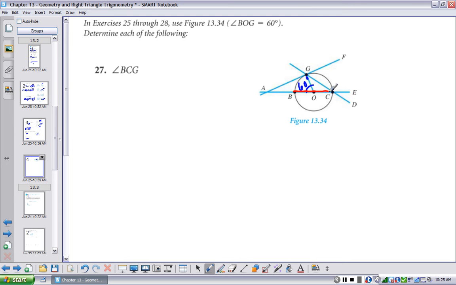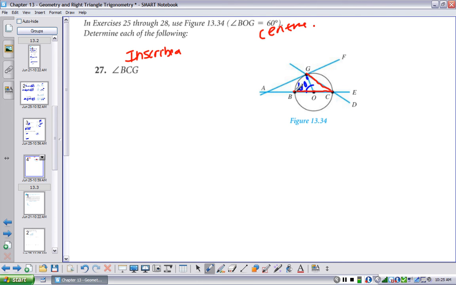BCG is an inscribed angle. The angle BOC is a central angle.